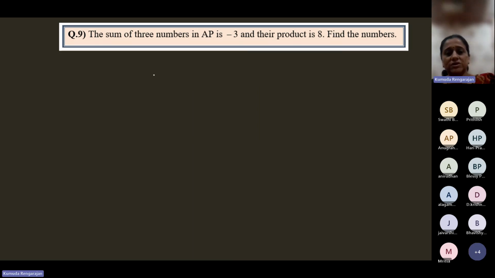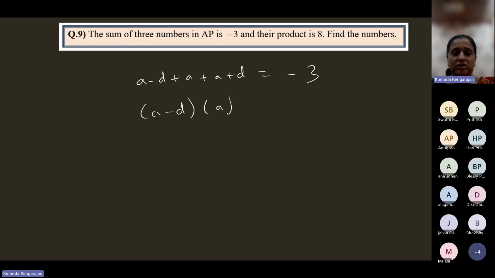So the sum of the 3 numbers, A minus D plus A plus D, is -3. And their product is 8. That means (A minus D) into (A plus D) is equal to 8.